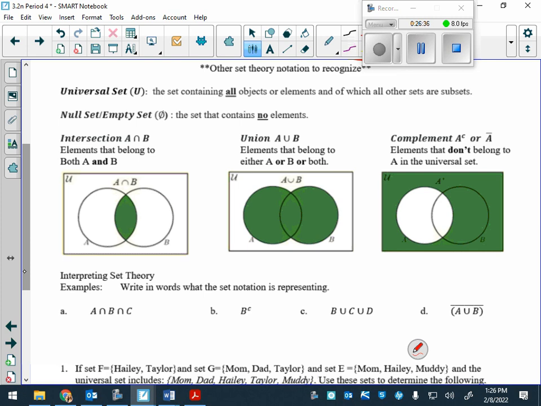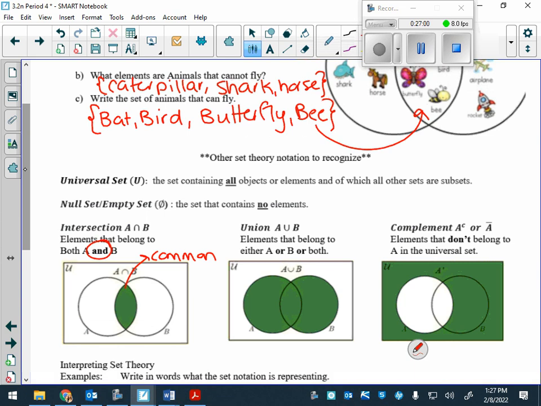All right. A notation that you probably saw on the key. The intersection. This upside down U represents and, what they have in common. It's the intersection of the two, like you would see on a two-way table. It's what this was asking.